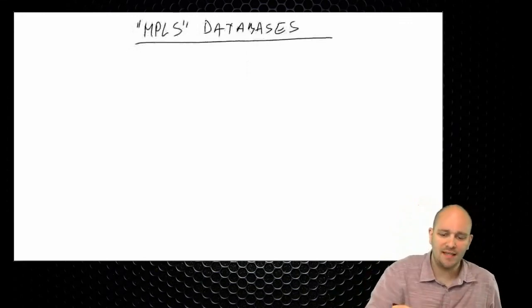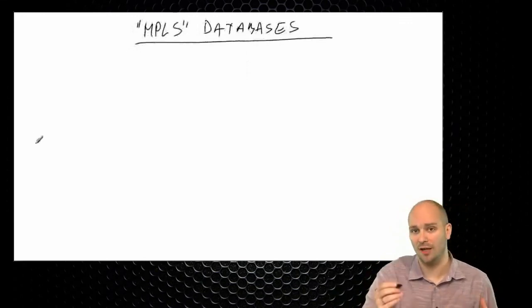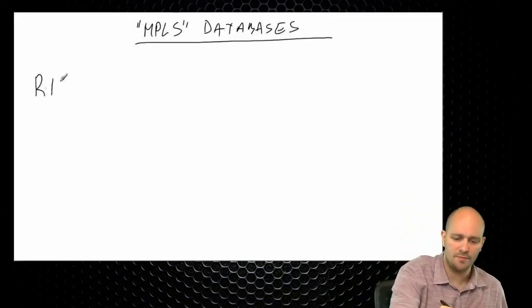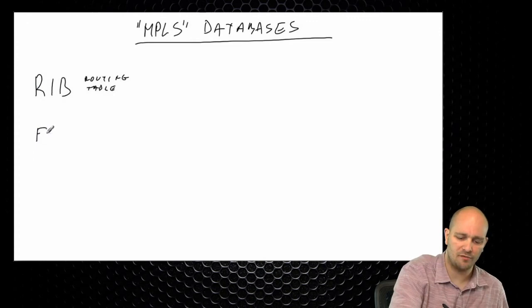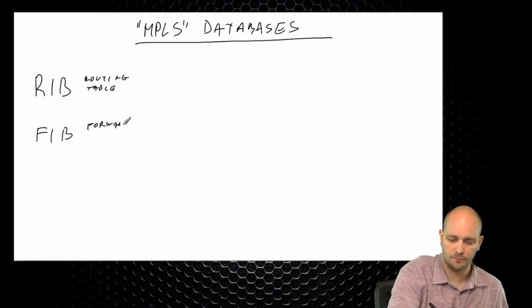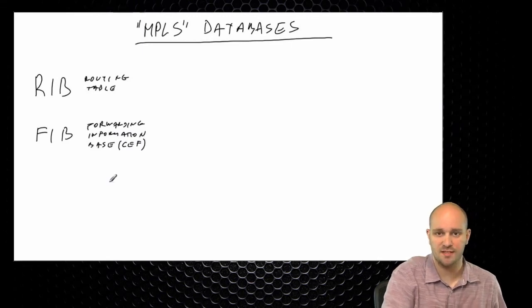So the databases that we actually care about when we talk about MPLS are the RIB, also known as the routing table, we have the FIB, which is the forwarding information base, and in most cases these days in Cisco routers this is CEF.